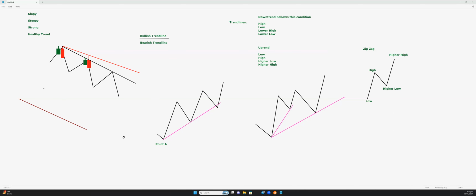For example, if this is the point A and this is the point B, and we draw the trend line. Now, when we draw the trend line, what do you identify in the price movement? Is there a zigzag in it? This movement, this is the zigzag, right?